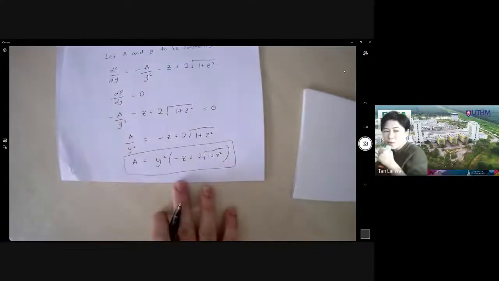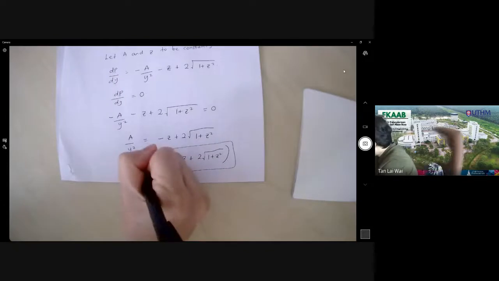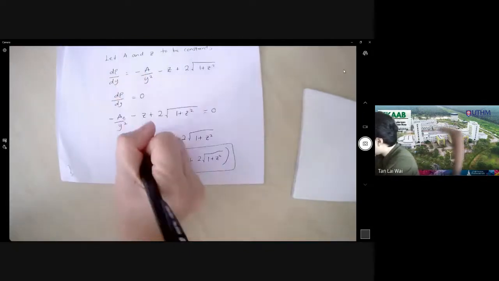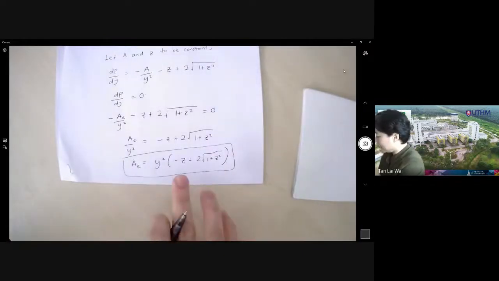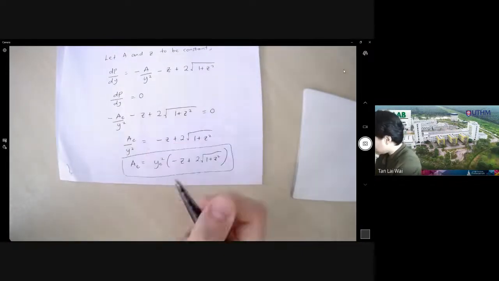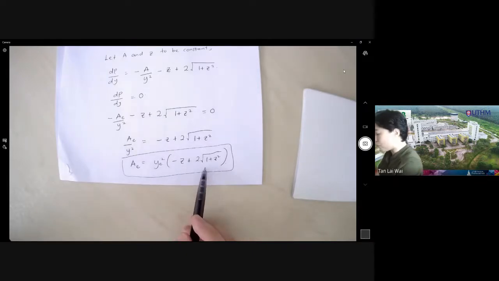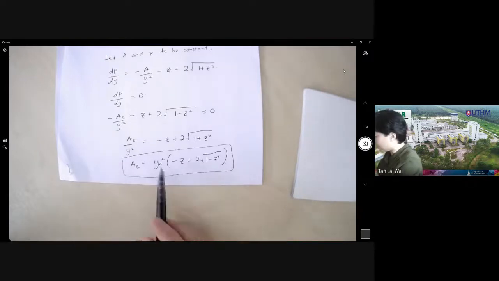Now this is the formula, since I said this is actually the most efficient area already. So A would be equal to y squared in brackets negative Z plus 2 square root of 1 plus Z squared. This is the formula of A.